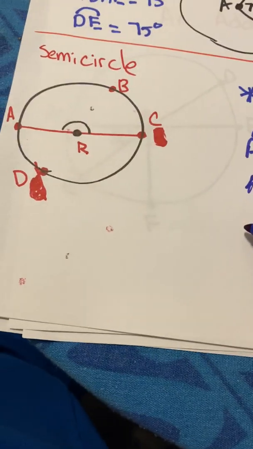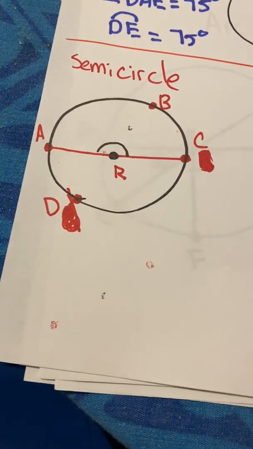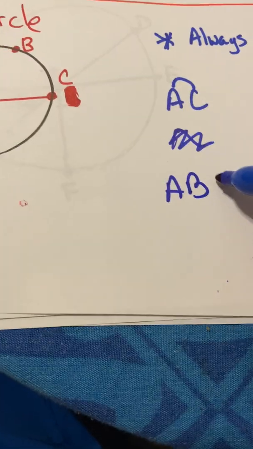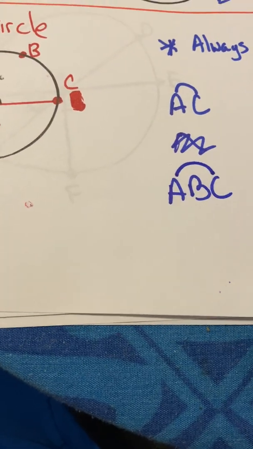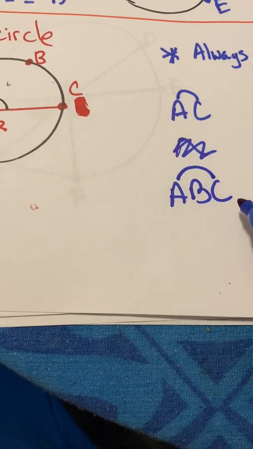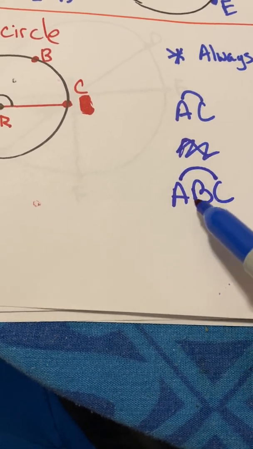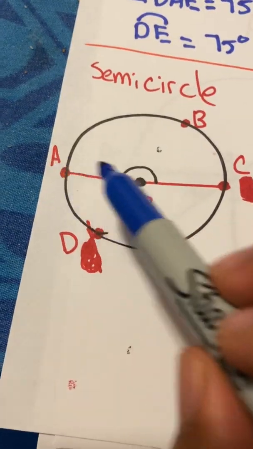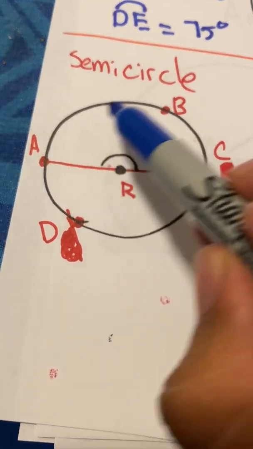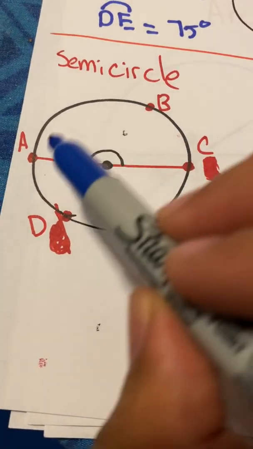We have ABC on top, so it would be A, B, and C, and then you just draw the little arc on top. It's connecting from A to C with B in the middle. So we're talking about the top. Does that make sense?